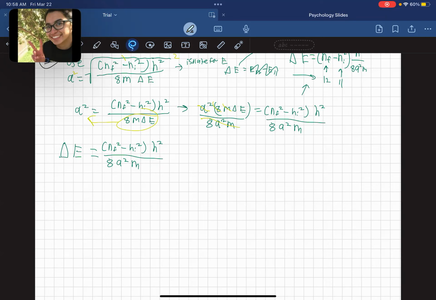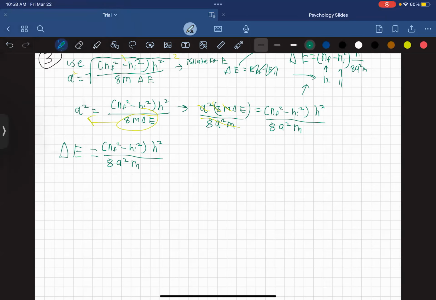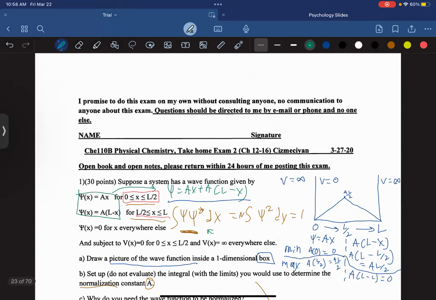So now we need to start plugging this stuff in. We already know our NF and NI. H should be a constant. Granted, I'm still going to have to probably look it up, but it should be a constant. And then, do we have A? Wrong way again.